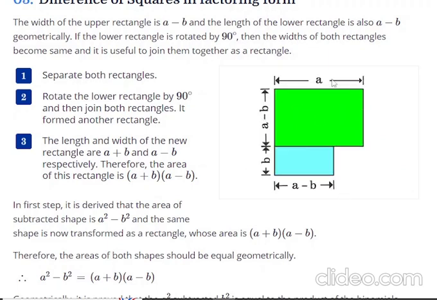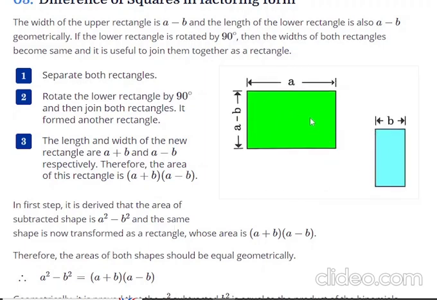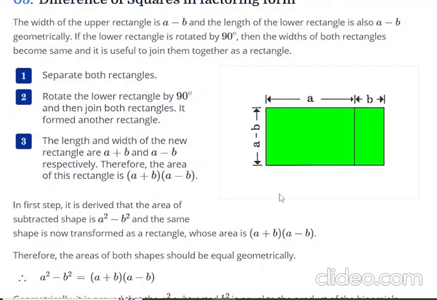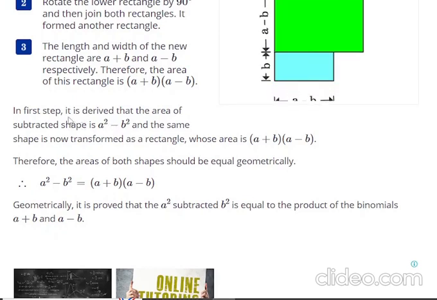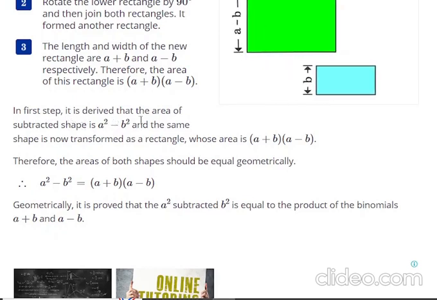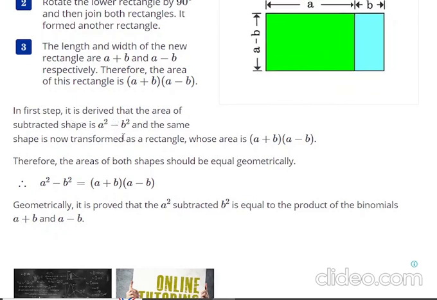So when you multiply both sides, a plus b and a minus b, we ultimately get a square minus b square. So mathematically we have proved it in the first step. You can see in the first step it's derived that the area of the subtracted shape is a square minus b square, and the same shape is now transformed into a rectangle, a plus b into a minus b.